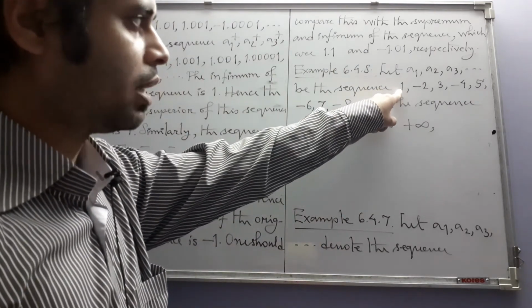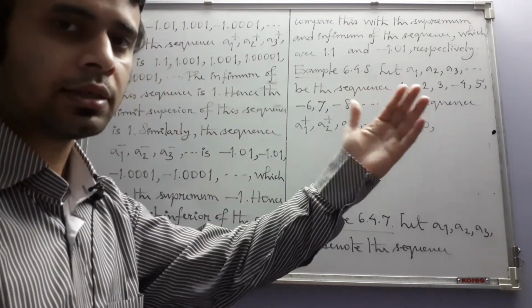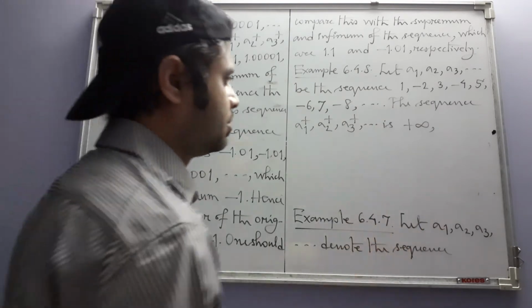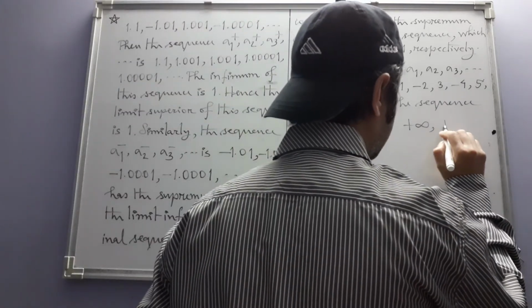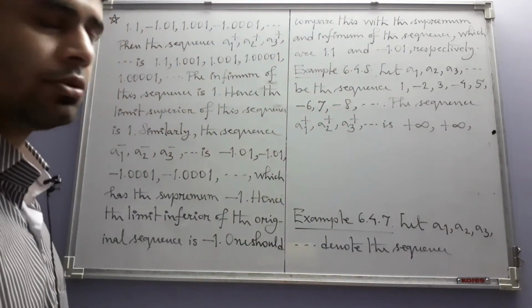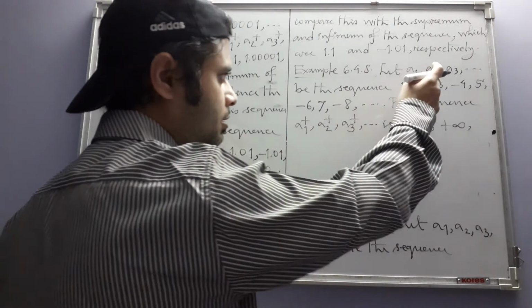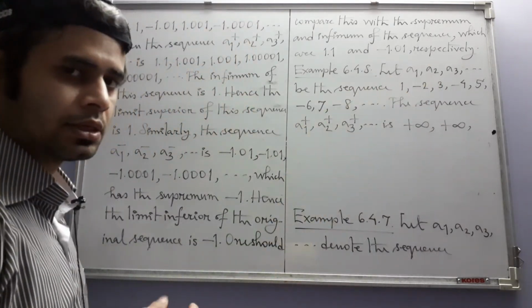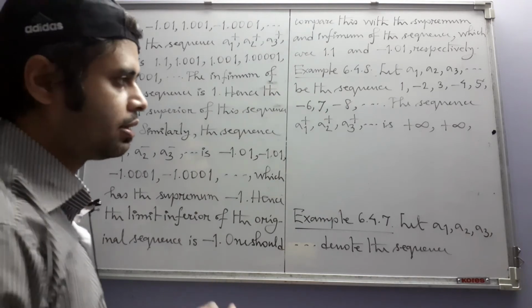If you remove 1, you still have the other odd integers 3, 5, 7. They are not bounded above. So that sequence also has supremum plus infinity, A2 plus. And once you remove minus 2 also, still 3, 5, 7, they are there.